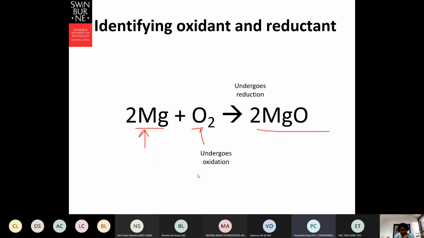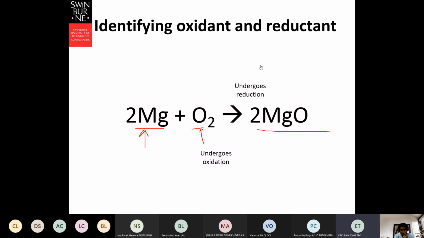Magnesium is +2, right? Okay. For oxygen? -1, I guess. Okay, -1 and +2. Anyone else want to try?